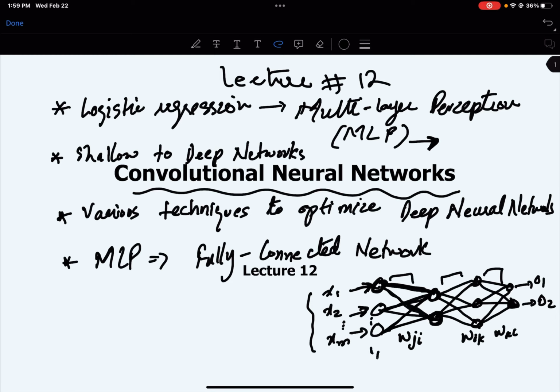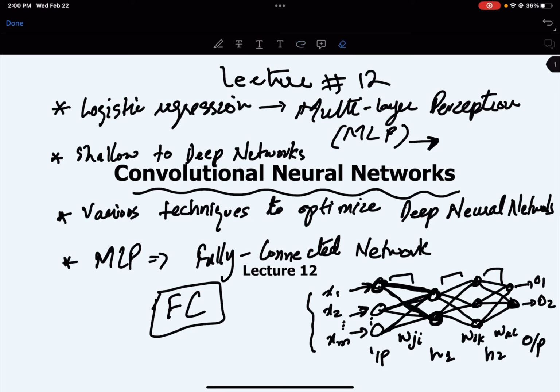So this is your input layer, then you have your hidden layer 1, then you have your hidden layer 2, and then you have your output layer. So a fully connected network where all the nodes are connected via links.